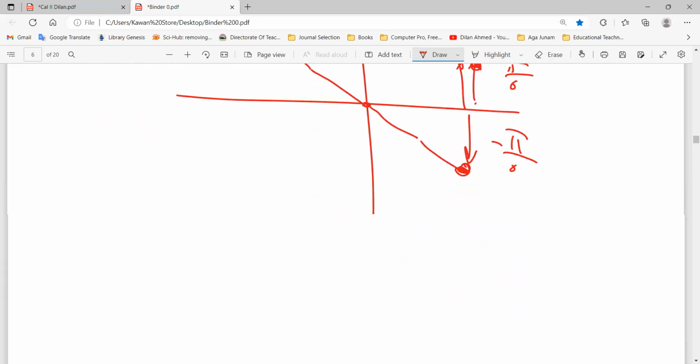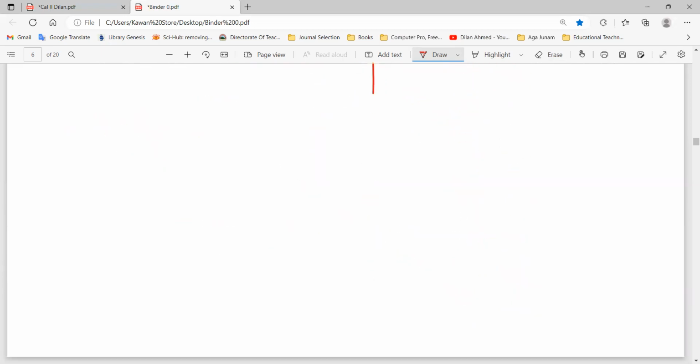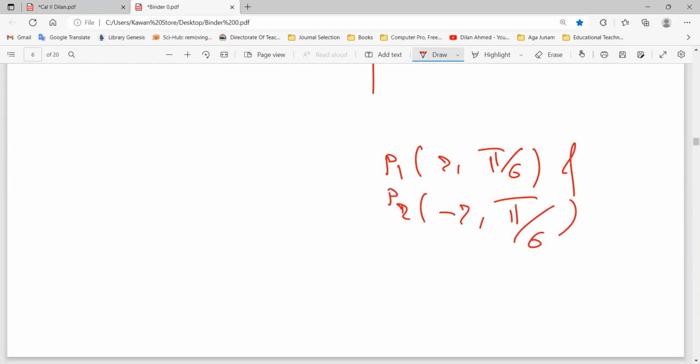No, forget about the symmetry, okay? Just sketch these 2 points for me, P1 and P2. So the first point, be with me.